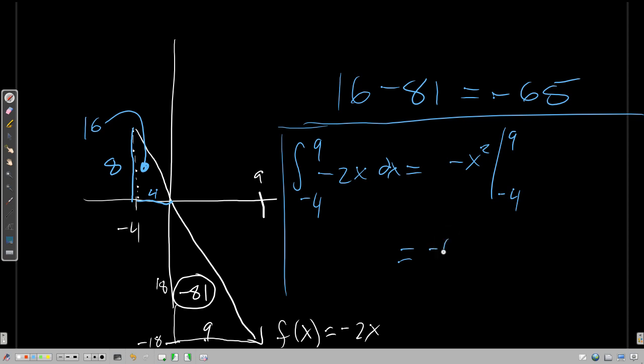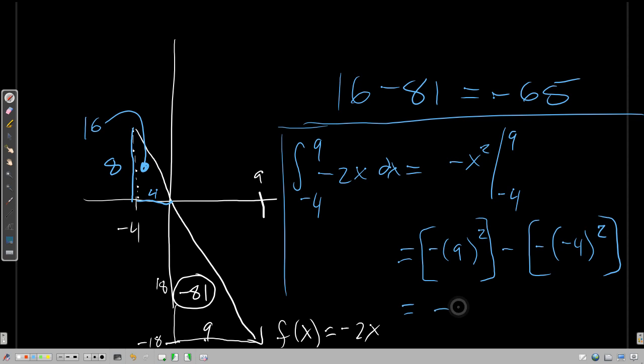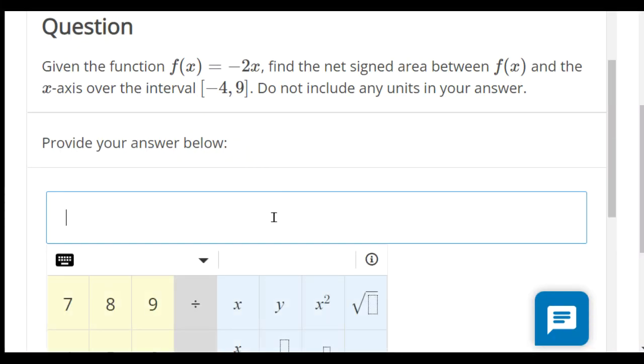And then you would put in the top number minus the bottom number. So there it is, evaluated at 9, and then take away what it is evaluated at negative 4. And you would have a minus 81 plus 16. That's the same thing that we had. So it's negative 65.